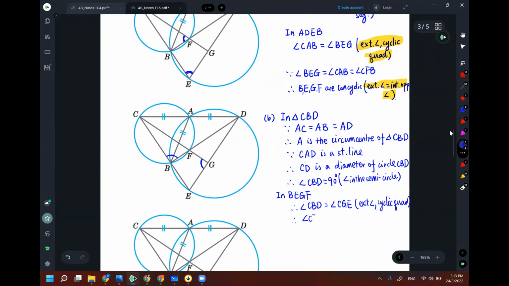Therefore, angle CGE is a right angle. The proof is complete. Okay, now this part is a bit longer, but again, once you can dissect the whole proof into two parts, then you know it's just two parts. One part is to prove this is a right angle triangle, and the other part is these two angles are equal.